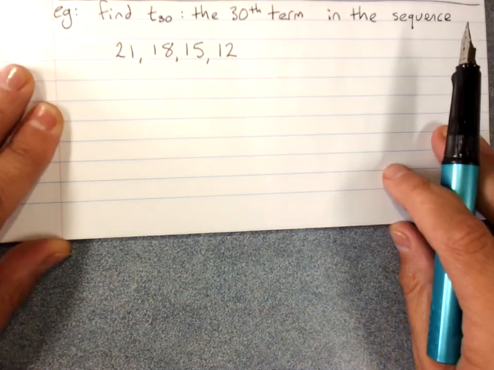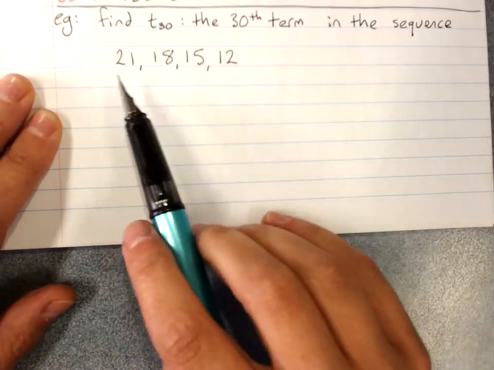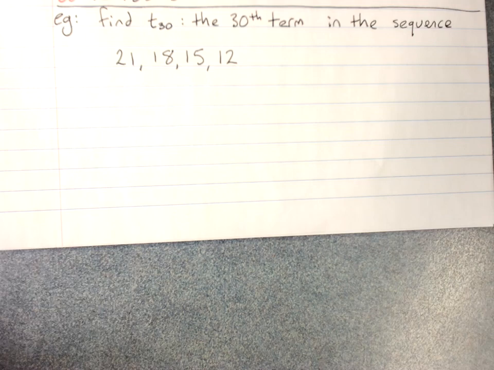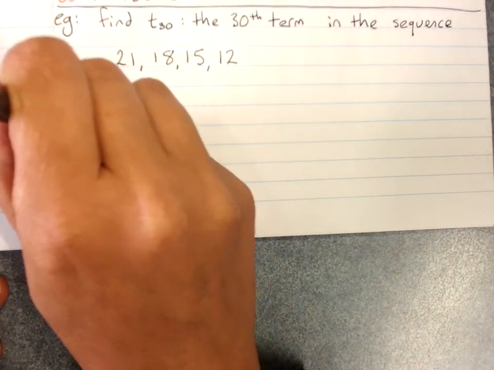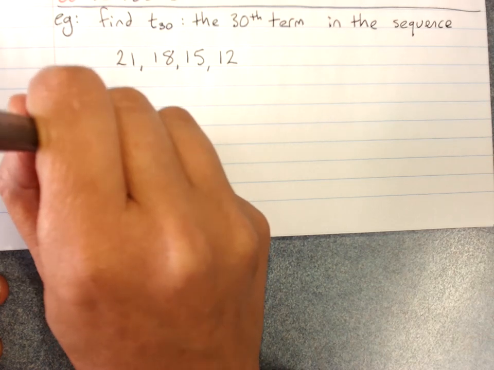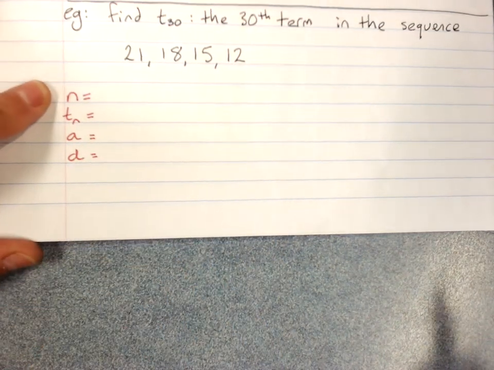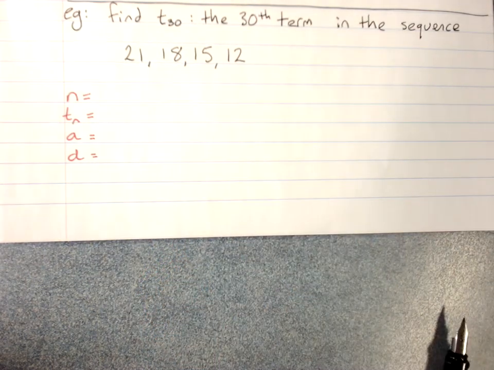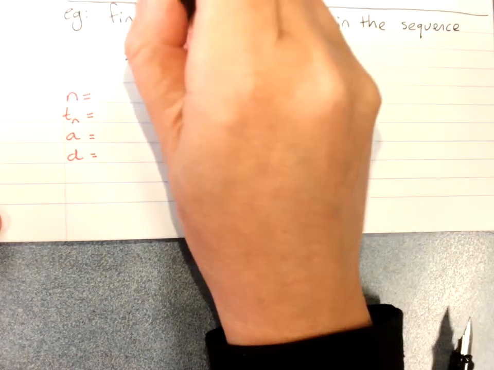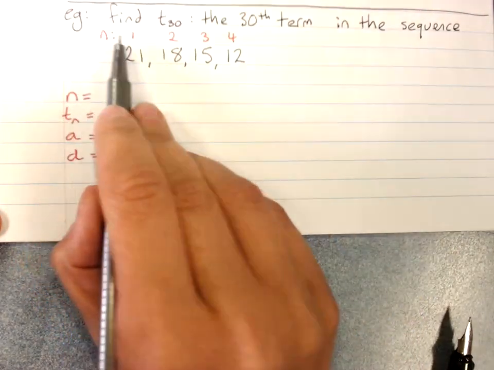This sort of question wants an actual term. It wants the 30th term in this number pattern. So do what I said you need to do: n, Tn, A, and D. Keep telling yourself what these are. N is the position. So n is 1, 2, 3, 4.